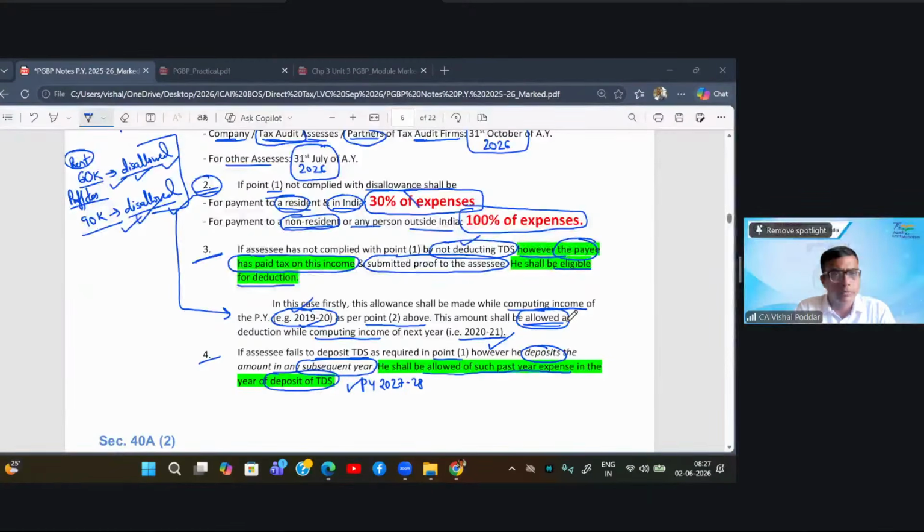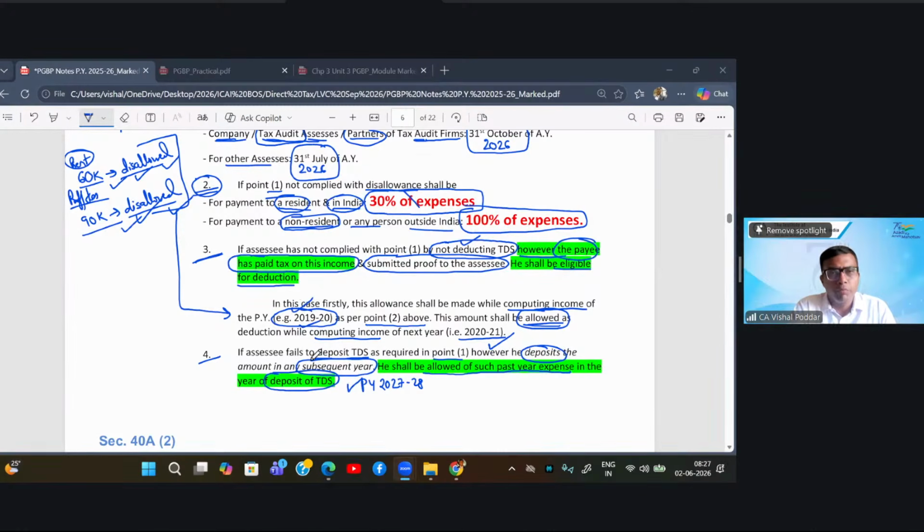Okay. Yes, so that is correct. So if the payment is made to a resident of India and if the payment is in India, then 30% was disallowed. If it is a foreign payment, 100% of expenses disallowed. This is what we studied in point number 2 above. Correct? So you're right.